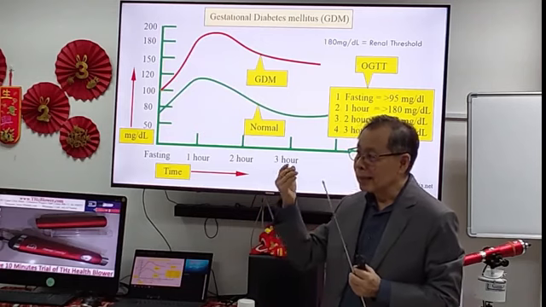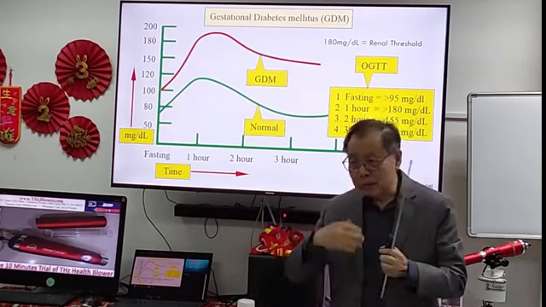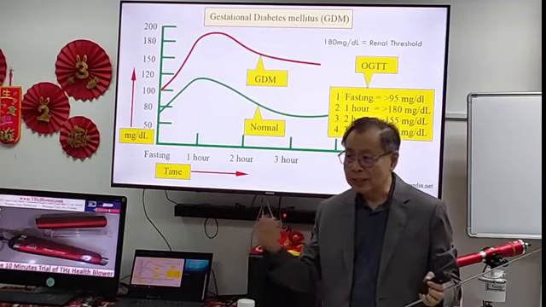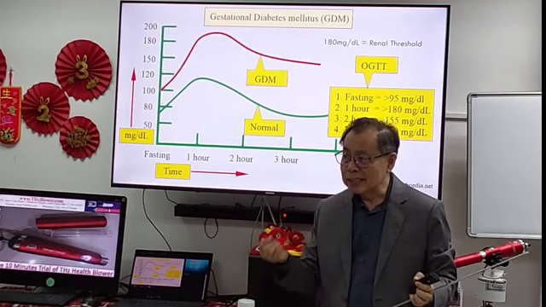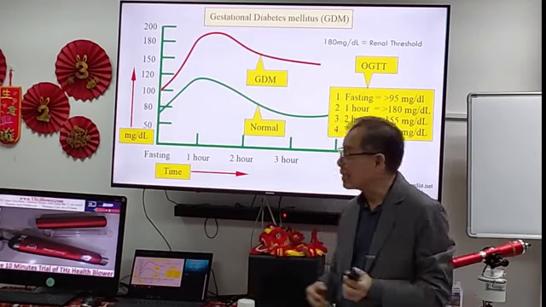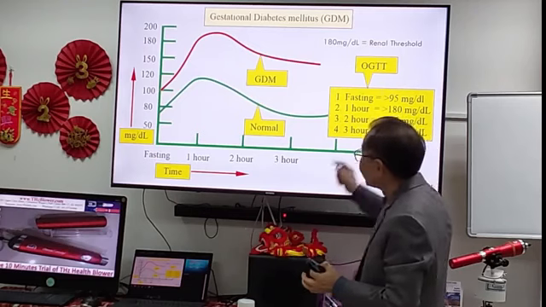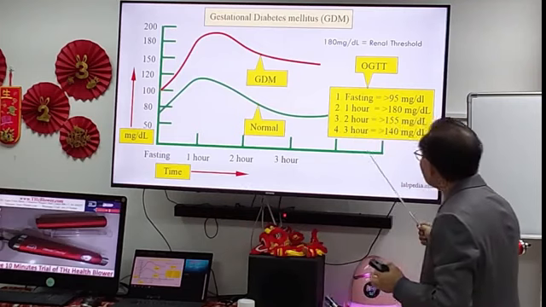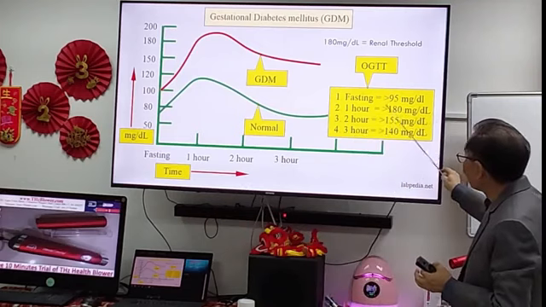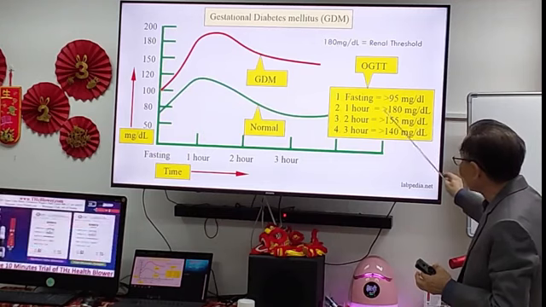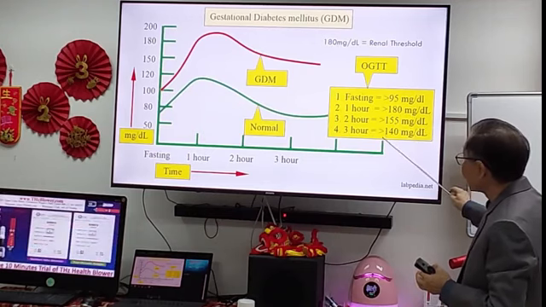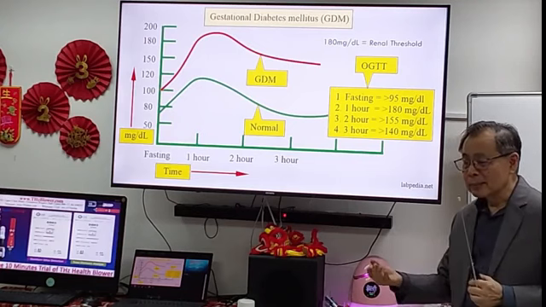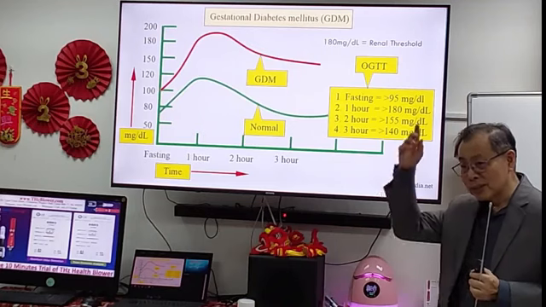Renal threshold means that if your blood sugar is above that, it will come out in the urine. Typically, for example, in Chinese, diabetes is literally sugar in the urine. So if it's more, it comes out in the urine. After you eat, it can go up to as high as 180 within 1 hour, and then it comes down again. Okay, sometimes when you're hungry, like early in the morning, just before you wake up, your blood sugar goes high.